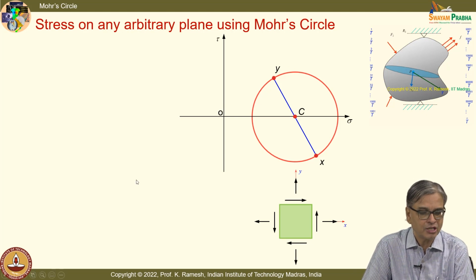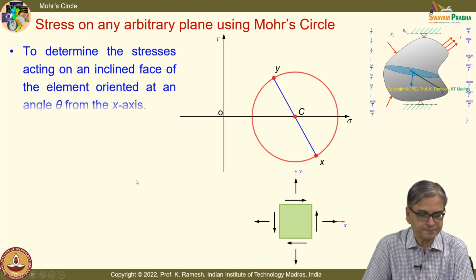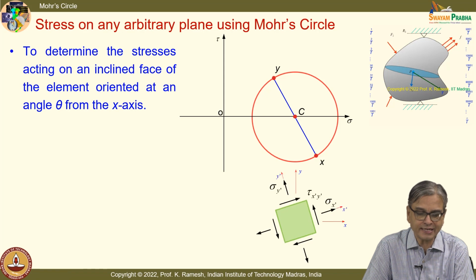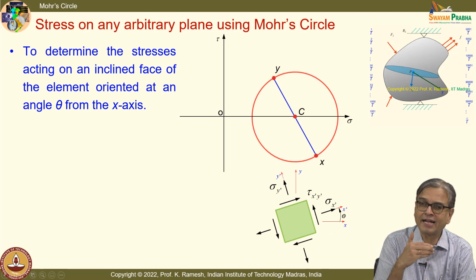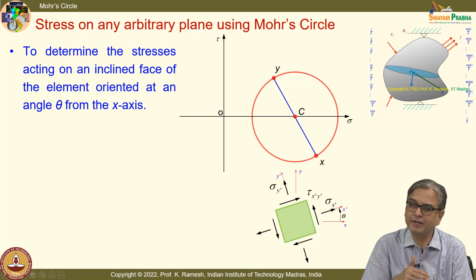Okay. So I have the stress tensor given, and then I want to find out what happens at a plane theta, and we have labeled that axis as x prime and y prime. In the earlier case also we had labeled it as x prime, y prime.